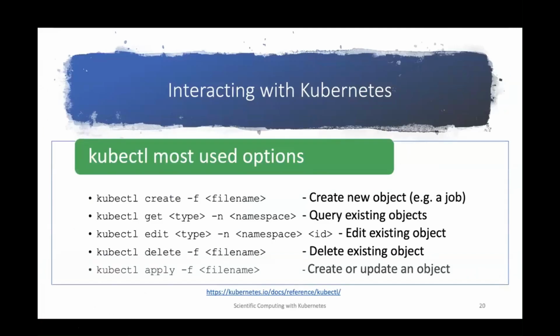And at this point, this is what it looks like. You run kubectl with one of the commands you want to do. So this is just a screenshot. Don't be scared. We'll go a little more in detail on what those mean in the next couple of slides.